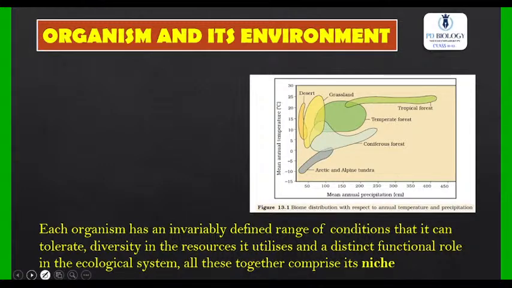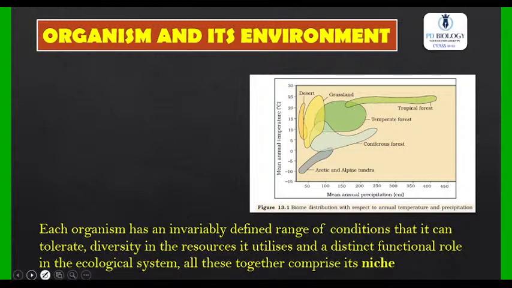look at here the organism and its environment. Each organism has an invariably defined range of conditions that it can tolerate, diversity in resources it utilizes, and a distinct functional role in the ecological system.